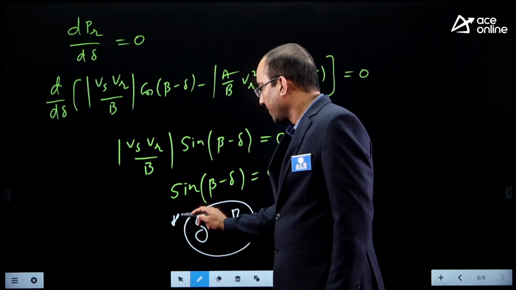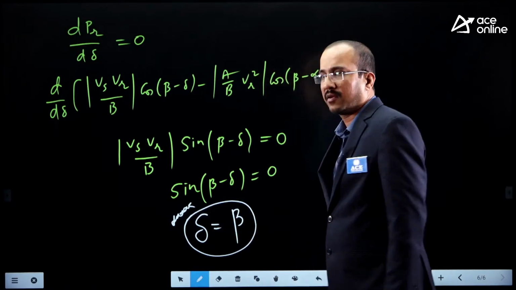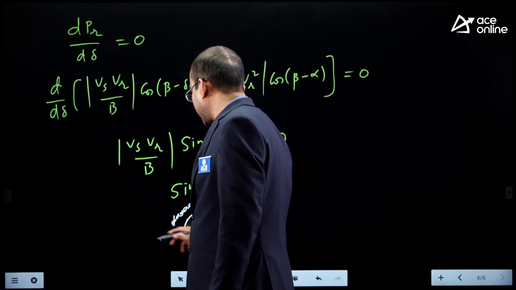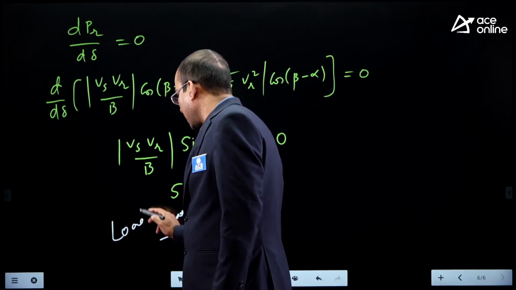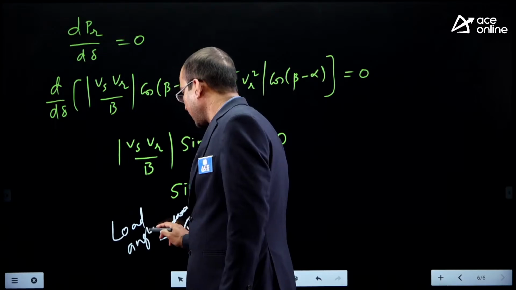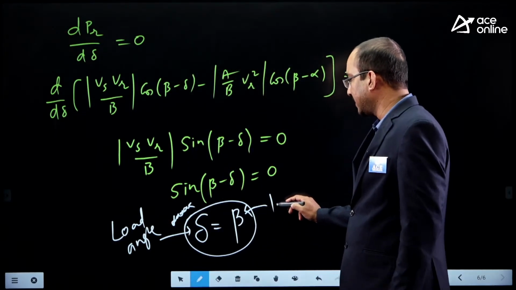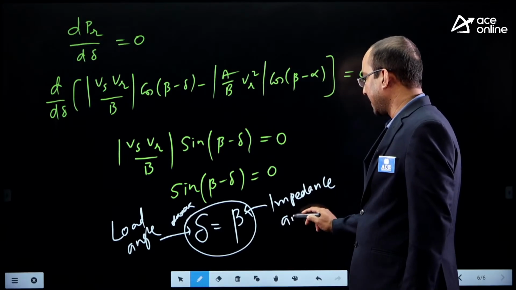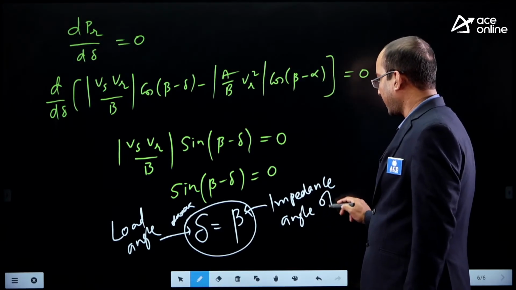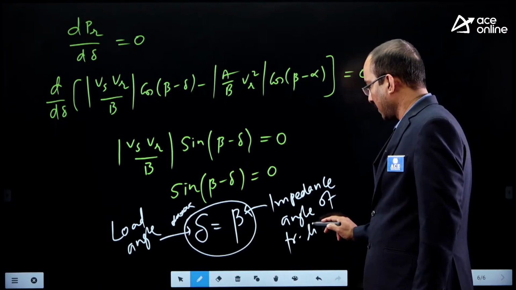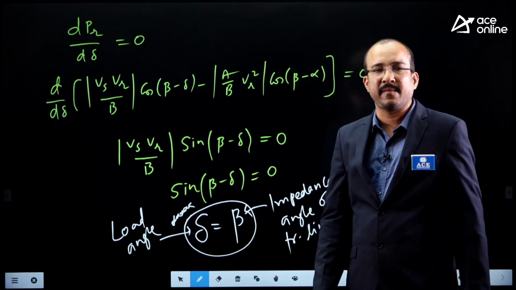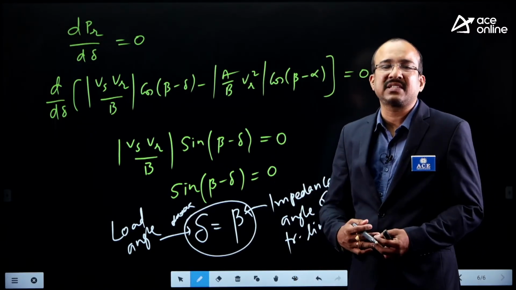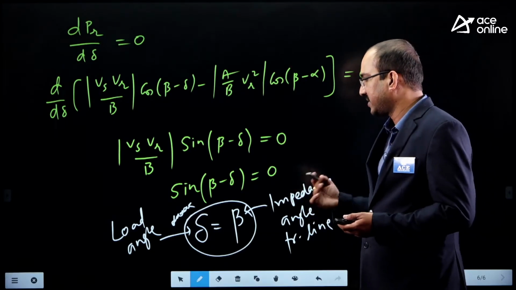Whenever the load angle is same as the impedance angle of the transmission line, you will get the maximum real power transfer to the receiving end.